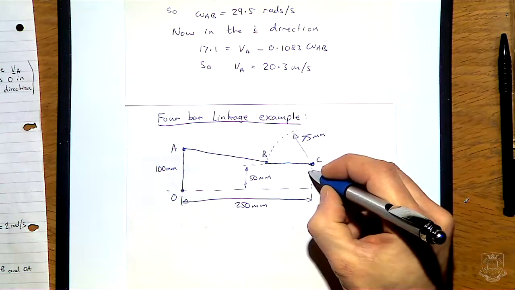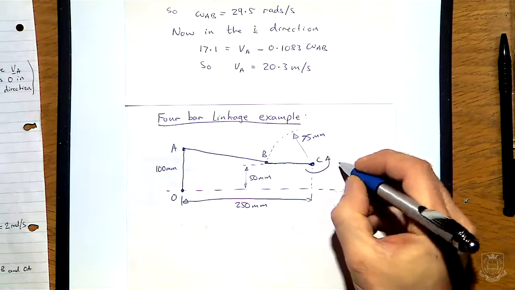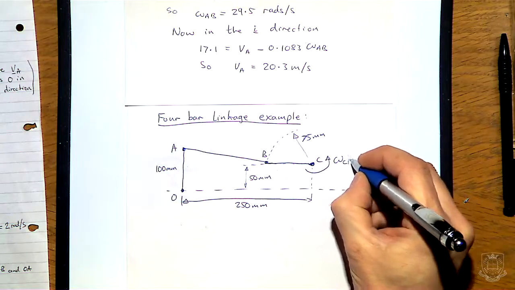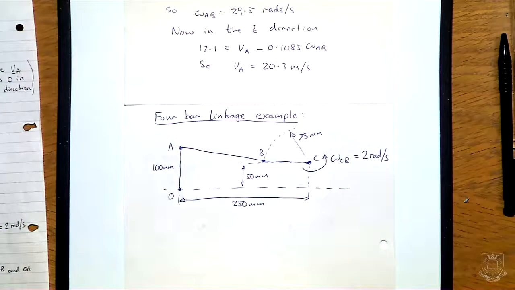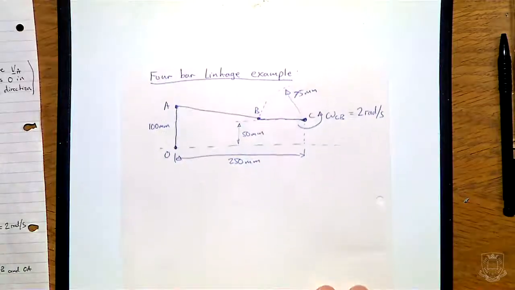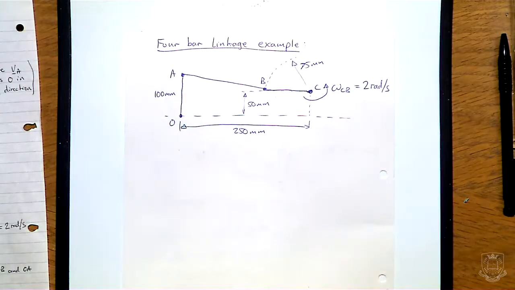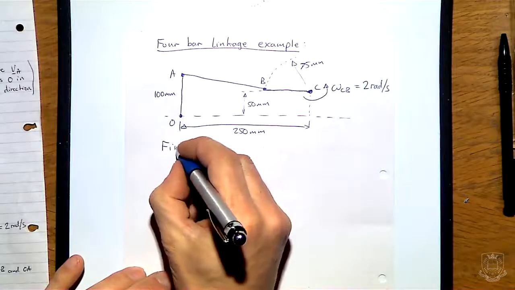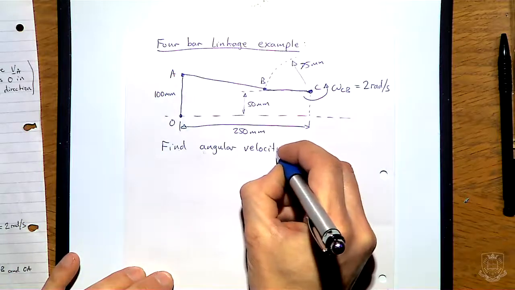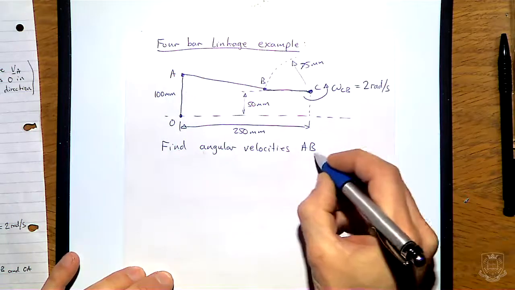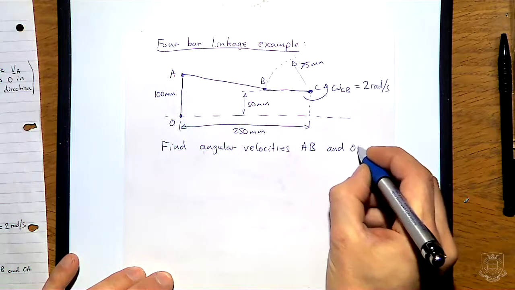And it has an angular velocity, omega CB, of 2 radians per second. And the question asks us to find angular velocities of the elements AB and OA.